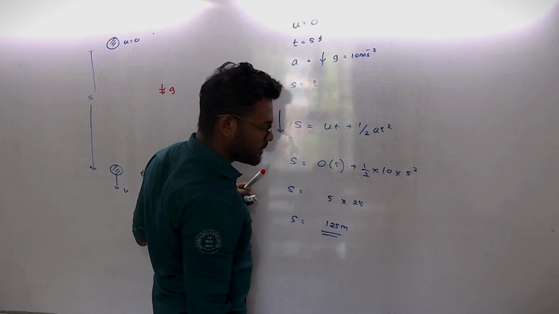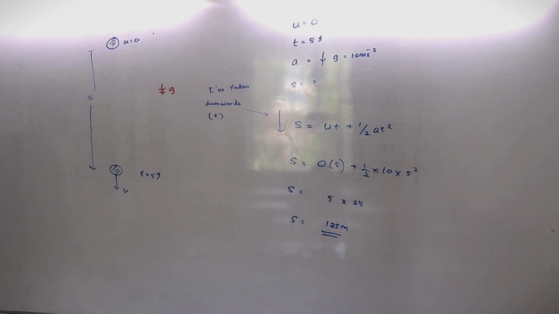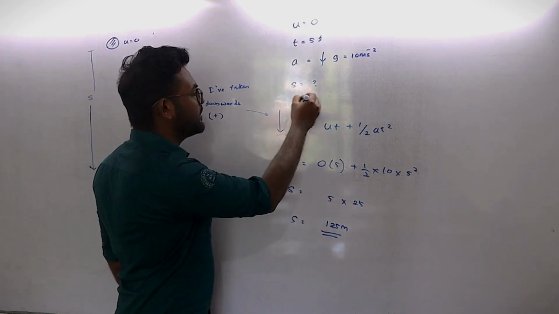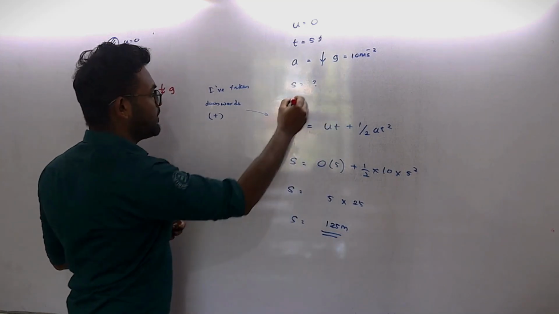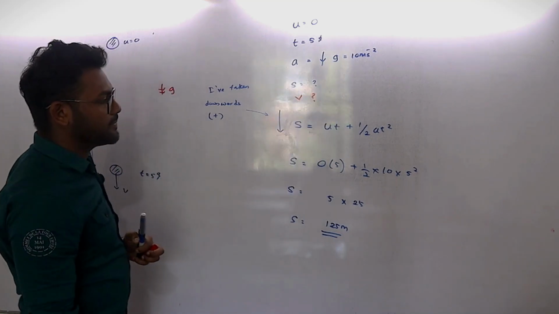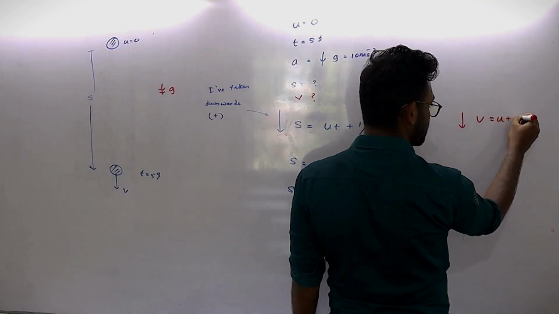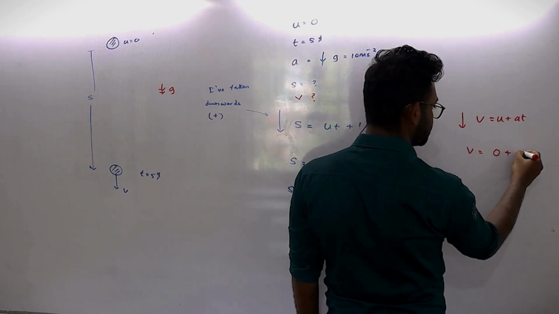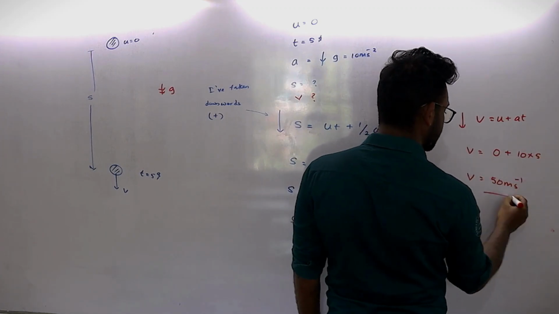Then we are supposed to find the final velocity, v. To find the v, I can put, downwards, v equals u plus at. So u is 0 plus g, that is 10 into 5. V is equal to 50 meters per second.